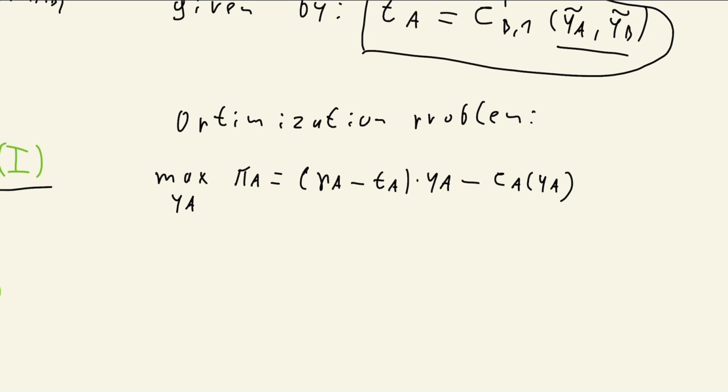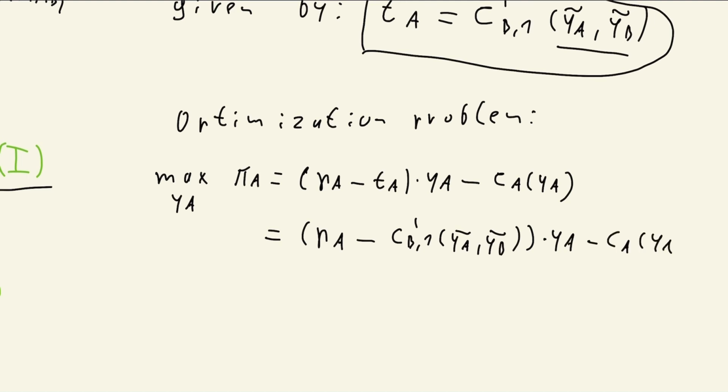And now, if we plug in for TA, what we get is PA minus CB1 prime of YA tilde, YB tilde, times YA, minus CA of YA.